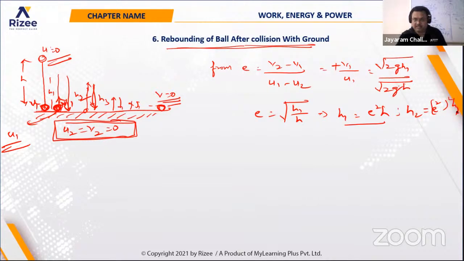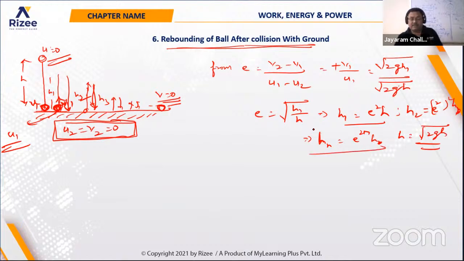The generalized formula: hn is equal to e to the power of 2n into h, where the initial velocity can be directly written as root 2gh. So this is the height after the nth rebound, after n times rebounds.